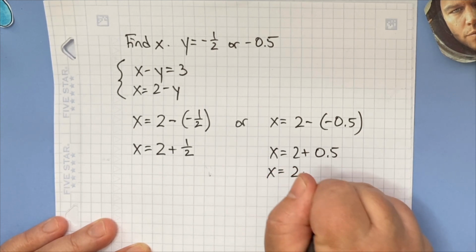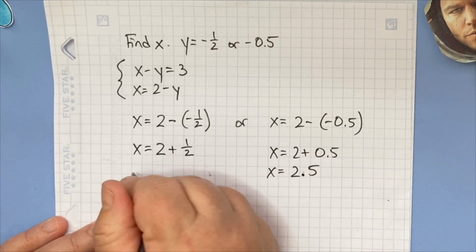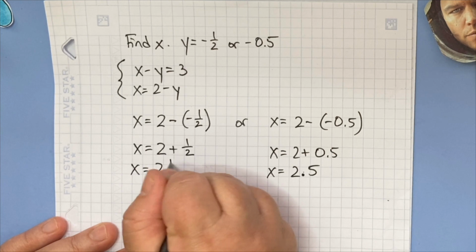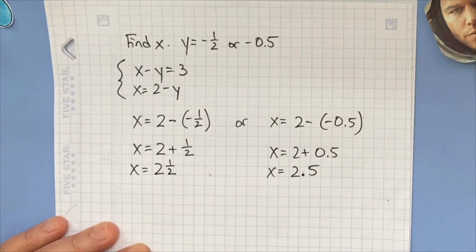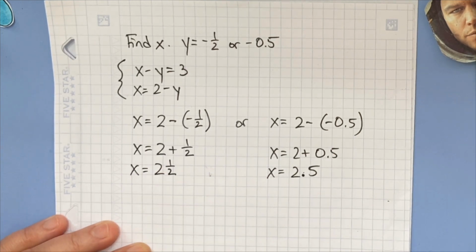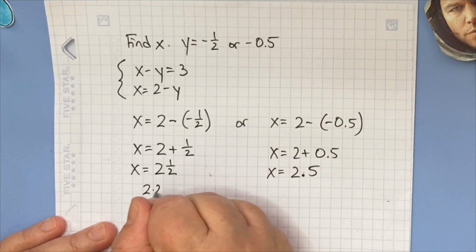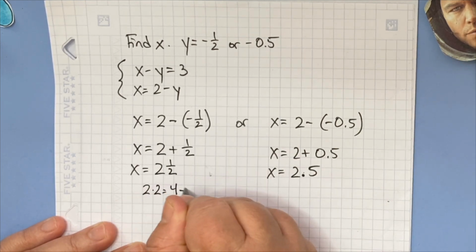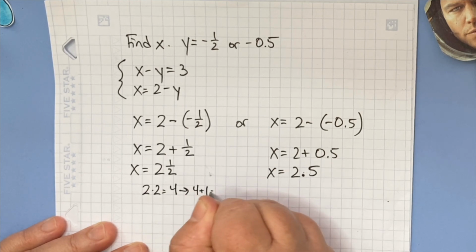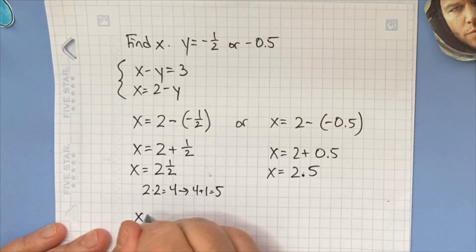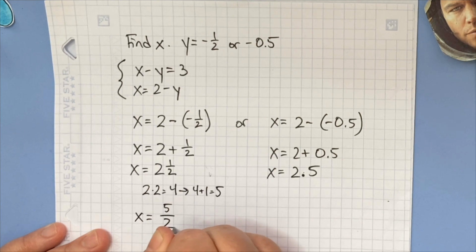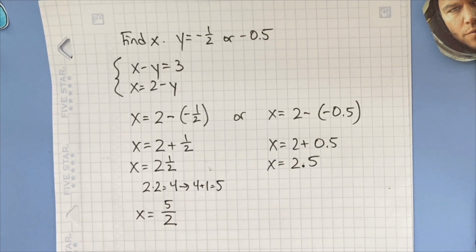X equals 2.5. This one is a little bit messier because it's either 2.5 or you have to convert it into an improper fraction. Remember, 2 times 2 is 4. And then you do 4 plus 1 equals 5. So we get x equals 5 halves. If you're not sure how to convert from a mixed number to an improper fraction, definitely check in with me.